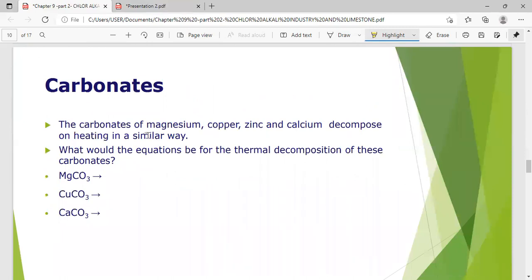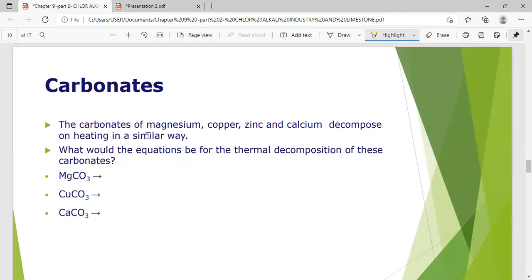Now let's look at some reactions of the carbonates. When we learned about the action of heat on substances in chapter 8, we learned that sodium carbonate and potassium carbonate do not decompose on heating, but the other carbonates decompose.